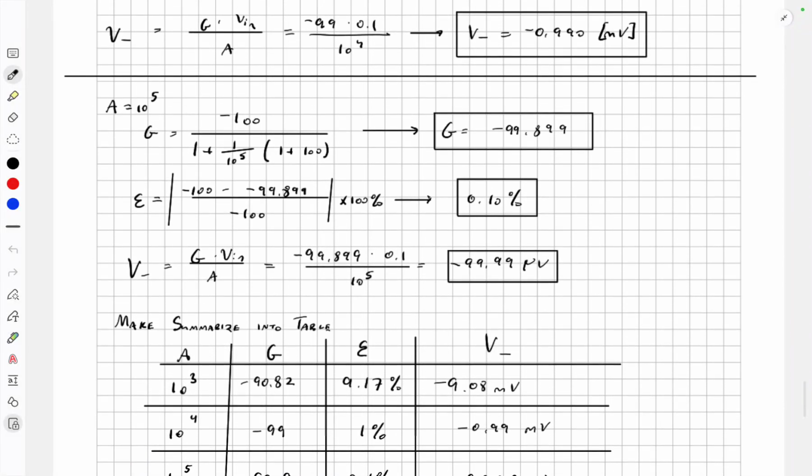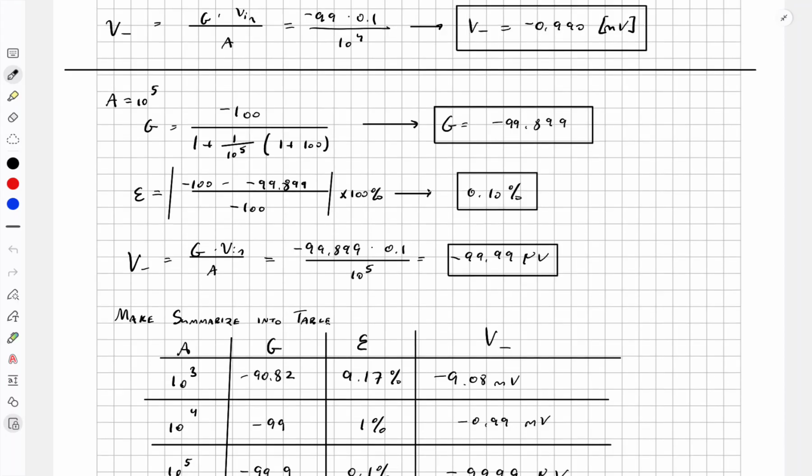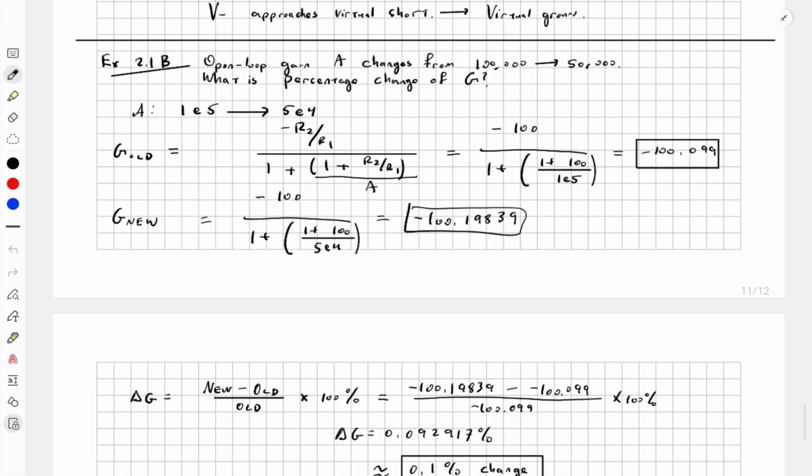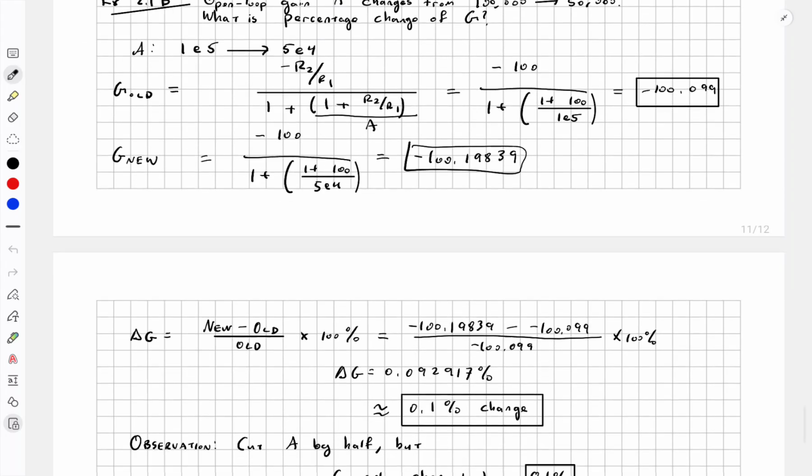We discussed why, even though the op-amp is not an ideal op-amp, degradations to the open loop gain do not significantly affect the closed loop gain.